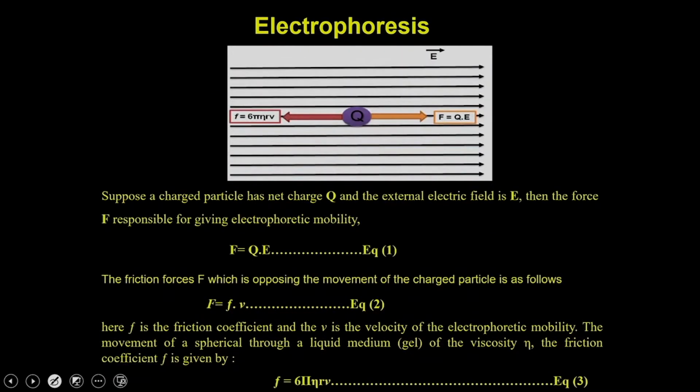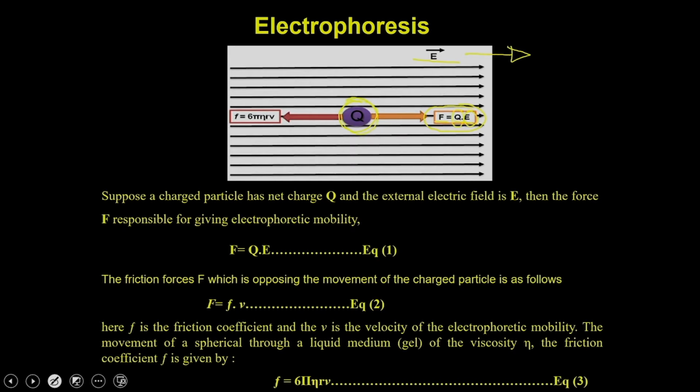Imagine a charged particle Q moving in an electric field E. It experiences an electrophoretic force in the direction of the electric field, given by F equals QE, where E is the strength of the electric field and Q is the charge of the particle.